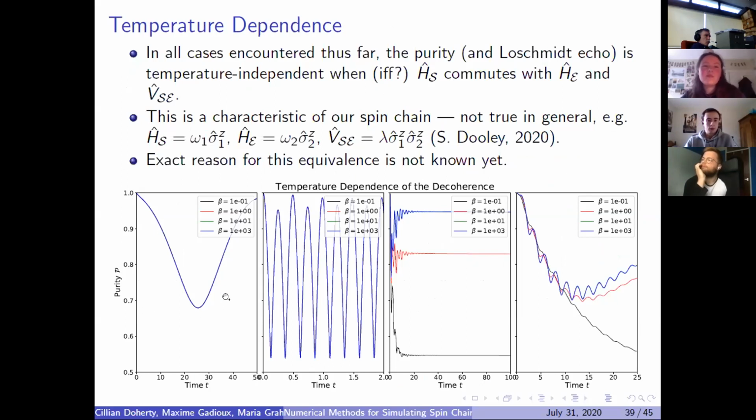On the bottom here, the bottom two figures are for our decoherence behavior at the critical point, I believe, where the Hamiltonians do commute, sorry. And you can see that there is no temperature dependence since the black, red, and green curves are just under the blue curve here.